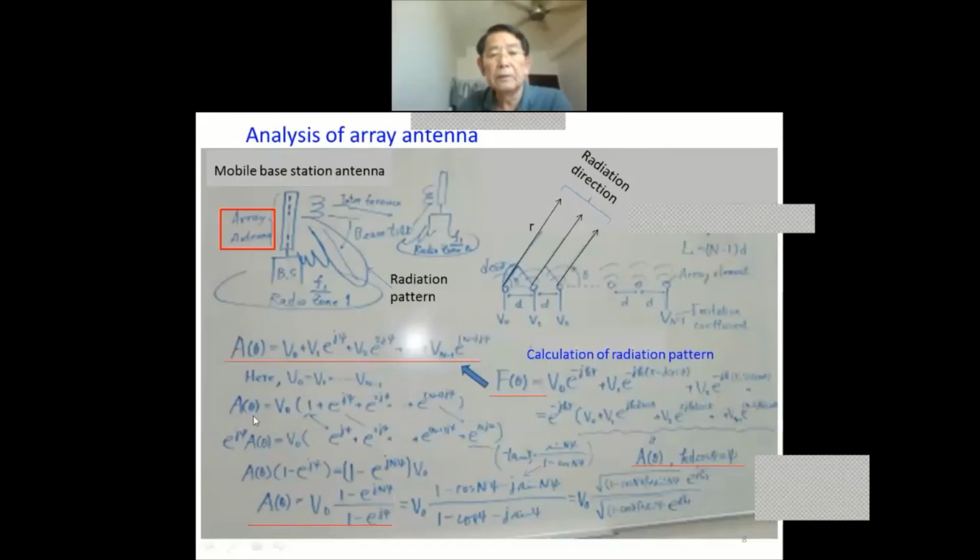Then A(θ), the radiation pattern, can be V0 times 1 plus e^(jφ), e^(2jφ), up to the (n-1) term. This is the addition of a geometric series. The ratio of the difference is e^(jφ).